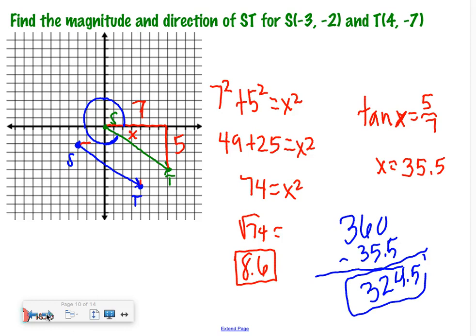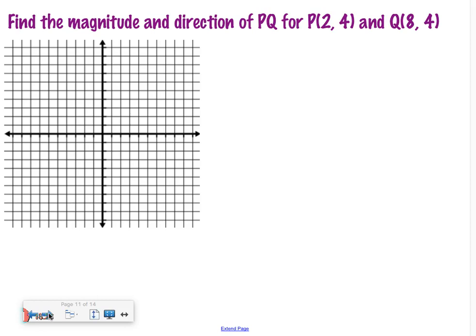Let's try another one. It's on the next page. Someone remind me, what is magnitude?